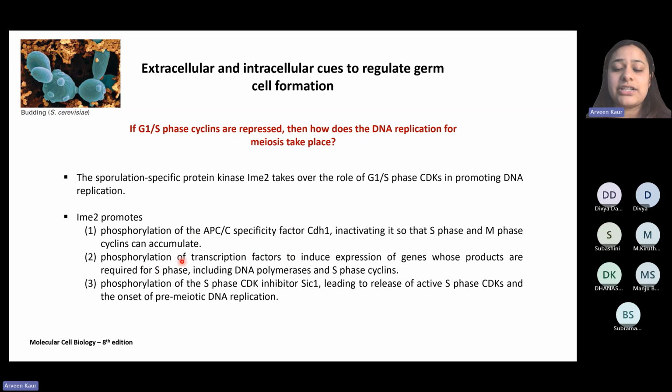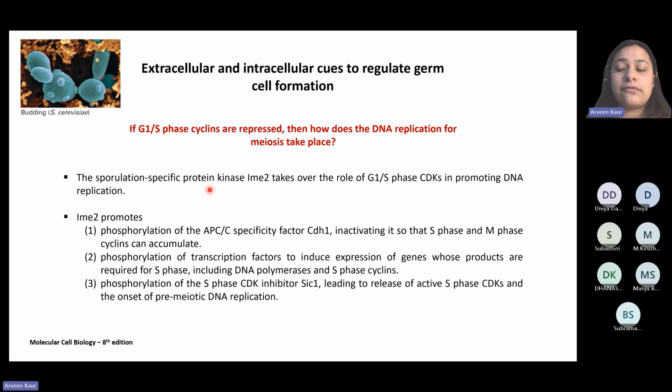After this, phosphorylation of the transcription factors is done to induce expression of genes whose products are required for S phase, including the DNA polymerases and S phase cyclins. Then phosphorylation of the S-phase CDK inhibitor SIC1 is done, leading to release of active S-phase CDKs and onset of premeiotic DNA replication. Right, so there are these three actions.